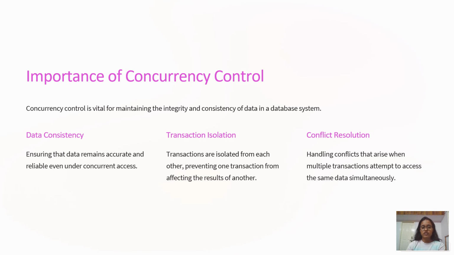Concurrency control will ensure that transactions operate in isolation, thereby preventing any interference and preserving the database's accuracy. So effective concurrency control will boost the system's reliability. It will also minimize transaction conflicts and enhance user trust in the applications, which is especially critical in fields that require high data integrity, like healthcare or finance industries.